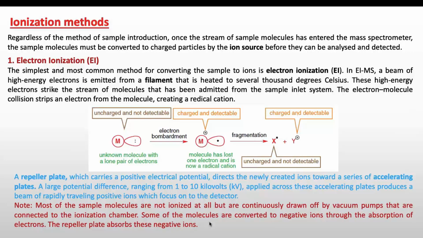Because we are using plates that pass only positive ions, the negative ions are abstracted through the repeller plates. So finally we will have only cations and radical cations going towards the mass analyzer or mass detector.